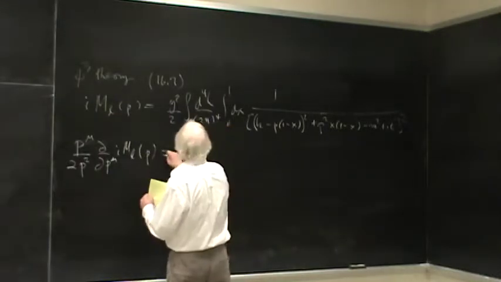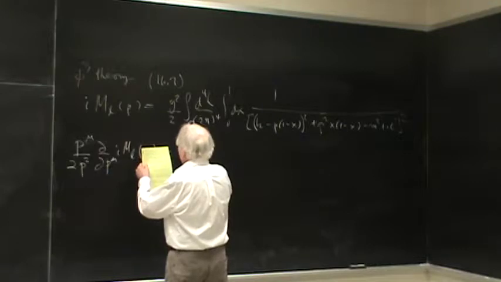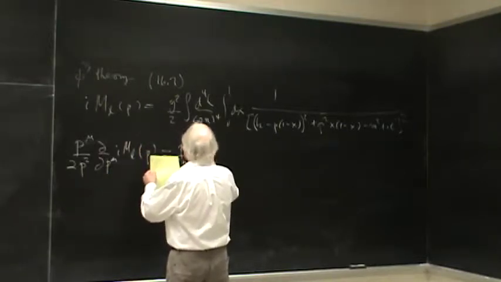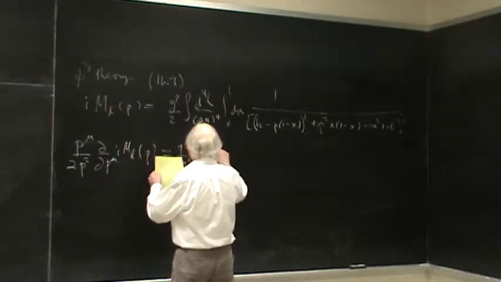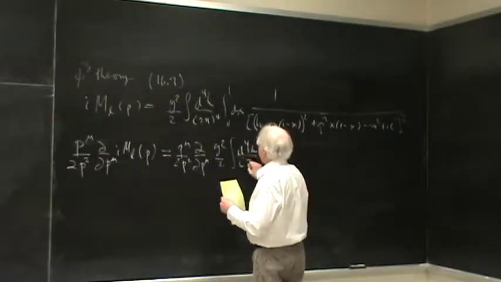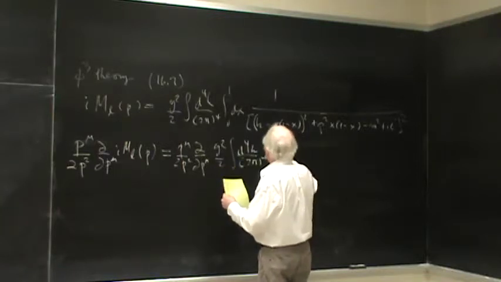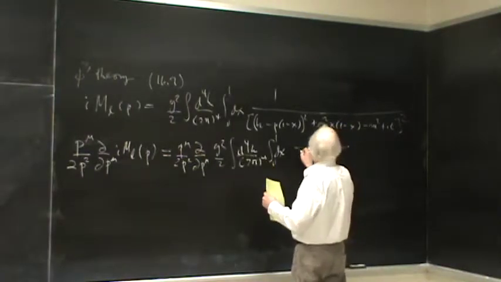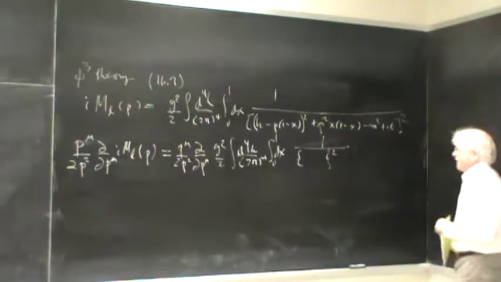Well, what is this? This is p mu over 2p squared, and of course, it's just the derivative of this. So it's d by dp mu of g squared over 2 integral d4k over 2 pi to the 4th, integral 0 to 1 dx, and then 1 over this quantity here, which I'll just write as curly bracket squared.